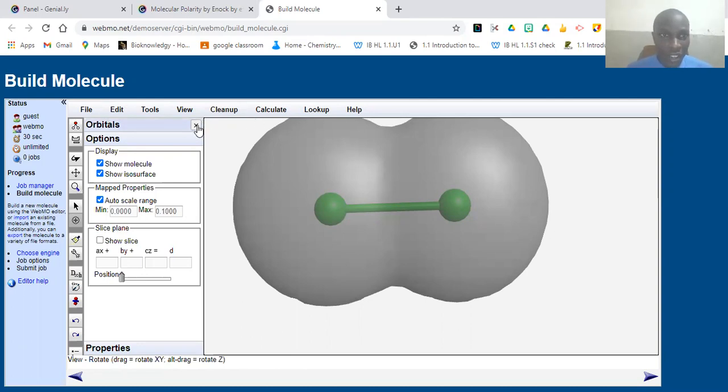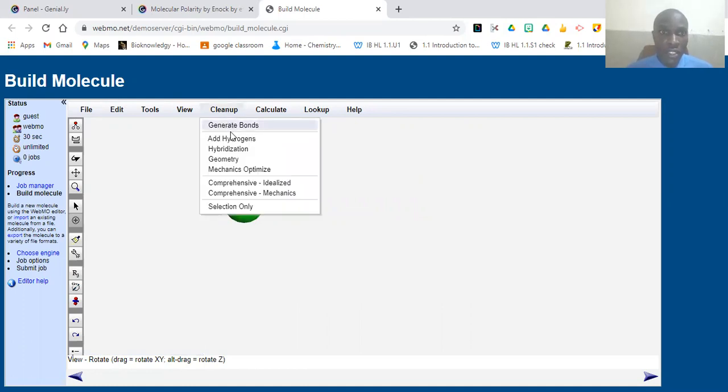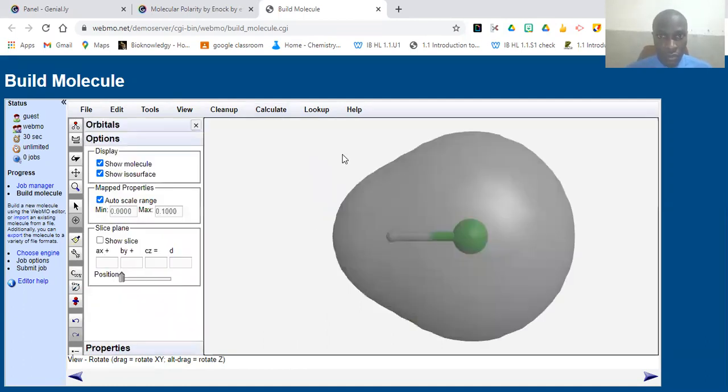Let's look at another. Let's try hydrogen chloride. So this is chlorine, and let me add hydrogen. So this is a hydrogen that has been added, and let's try to check the electron density or distribution around this molecule. Just look at it.